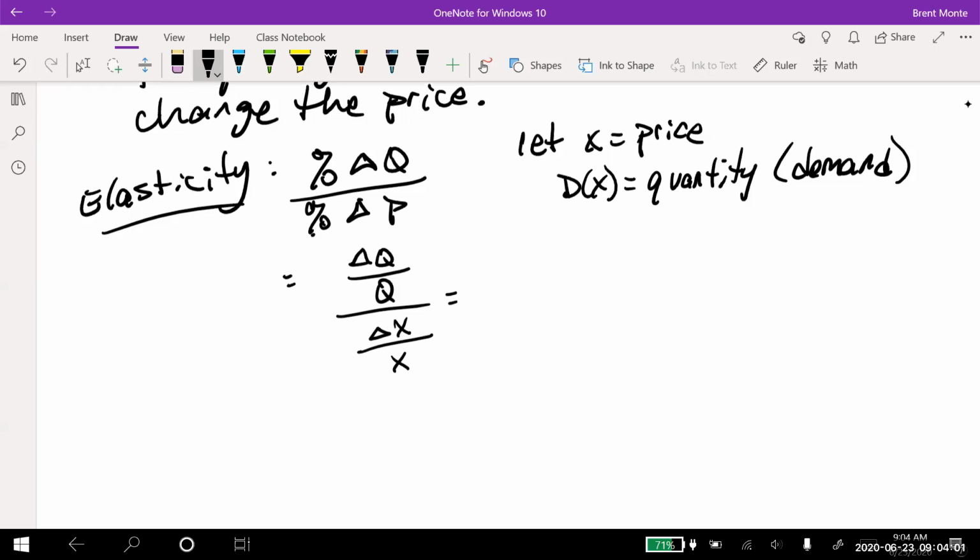Now, obviously, we can do a little algebra here. Change in quantity over quantity times, remember when we divide by a fraction, we invert and multiply. So now it's X over delta X. And then I can rearrange some things. Let's do X over Q times delta Q over delta X.